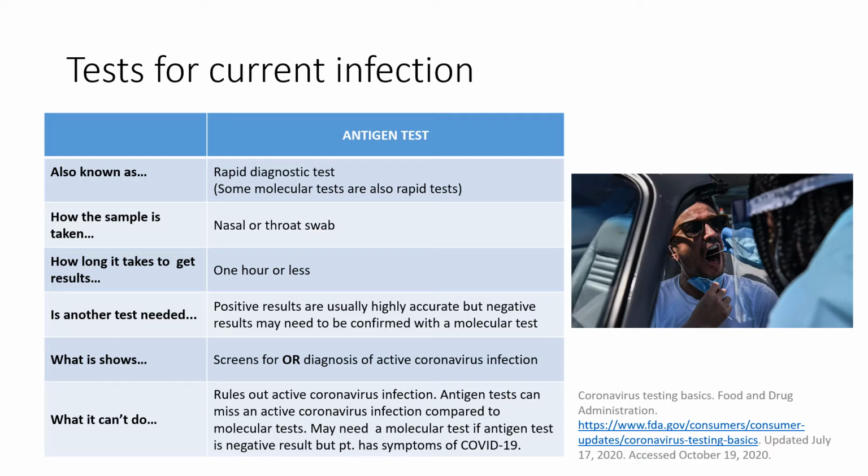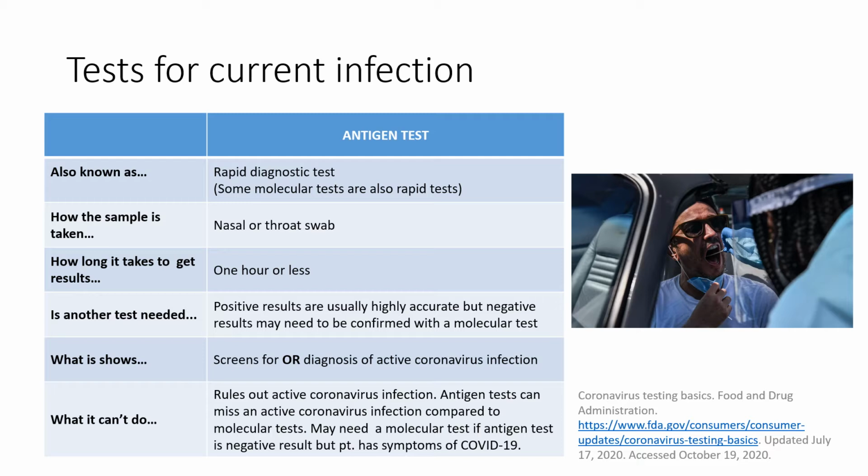Samples from this test are typically taken by a nasal or throat swab, and results can be returned in an hour or less, making them ideal for point-of-care testing. They also tend to be cheaper to implement, as they don't require a laboratory to analyze samples.